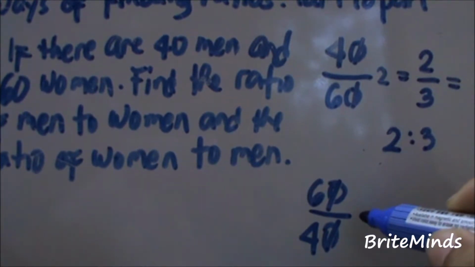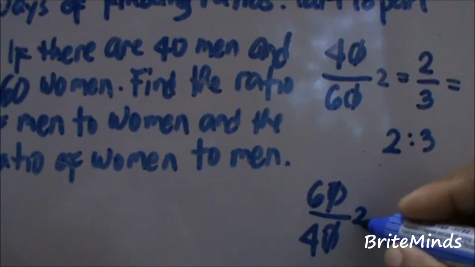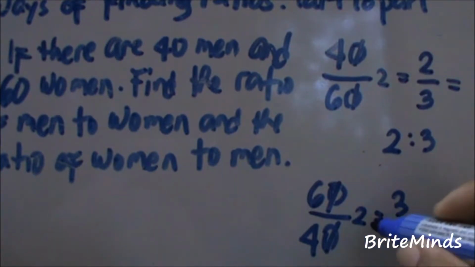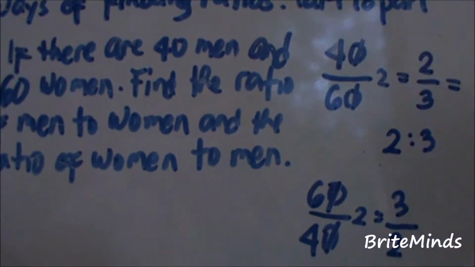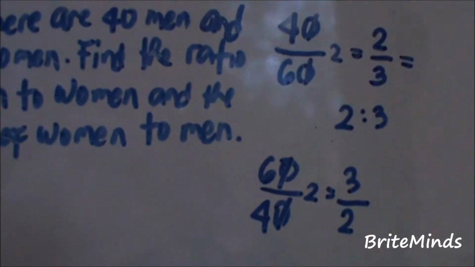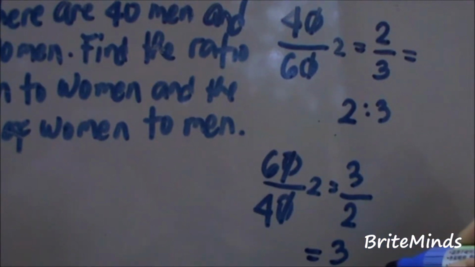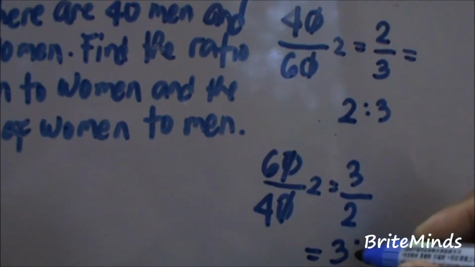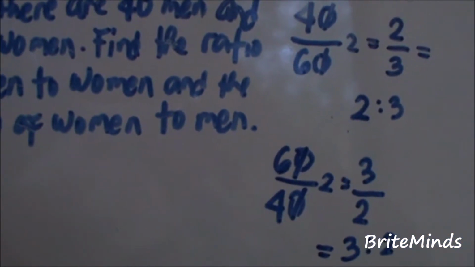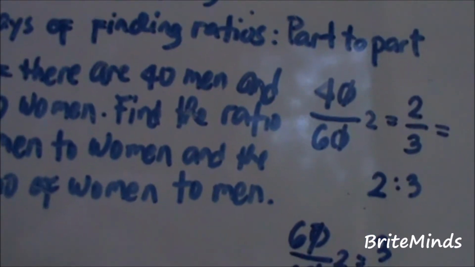Then look for a factor that can divide these two numbers. 6 divided by 2 is 3, and 4 divided by 2 is 2. So our ratio is 3 women is to 2 men. That is a ratio of part to part.